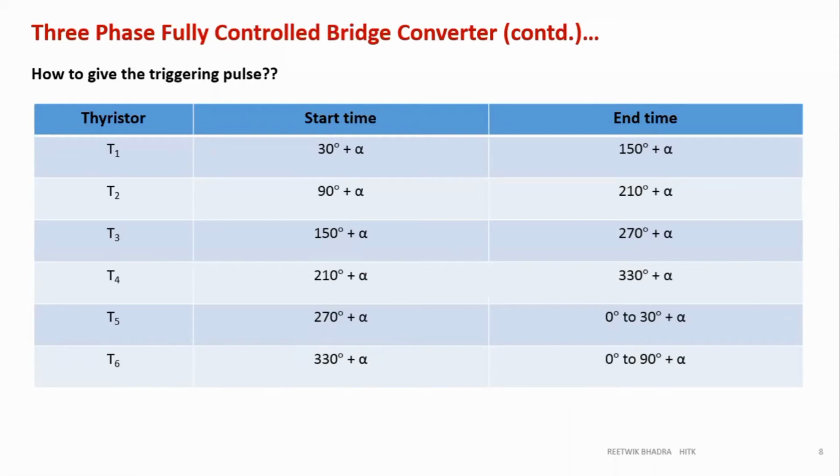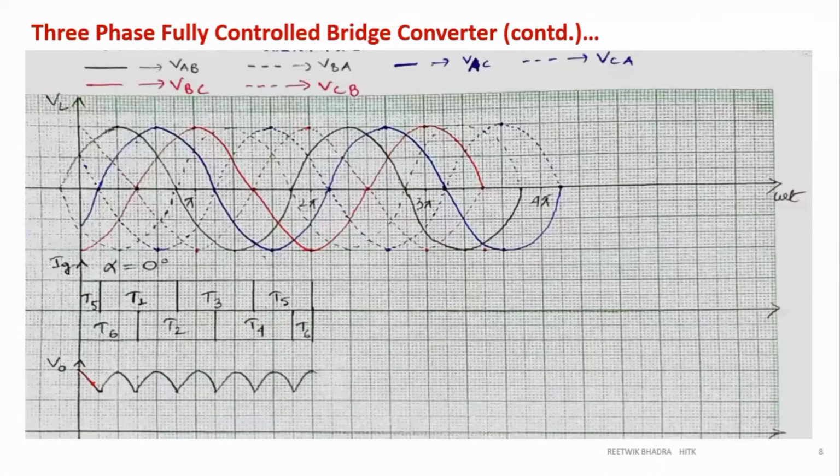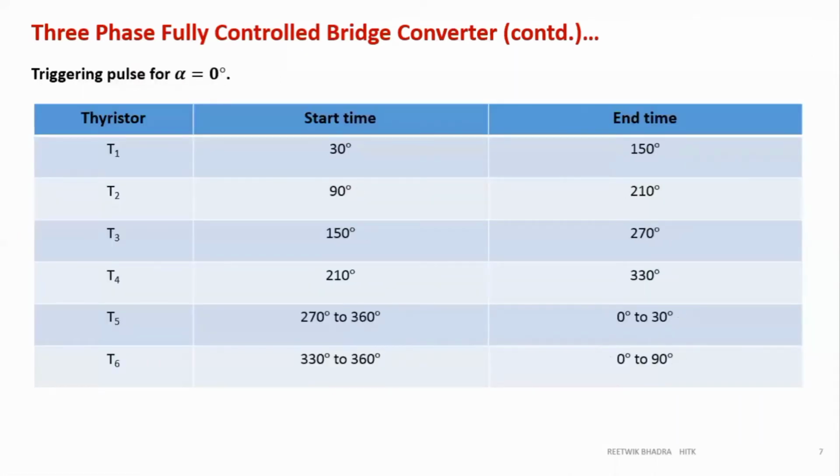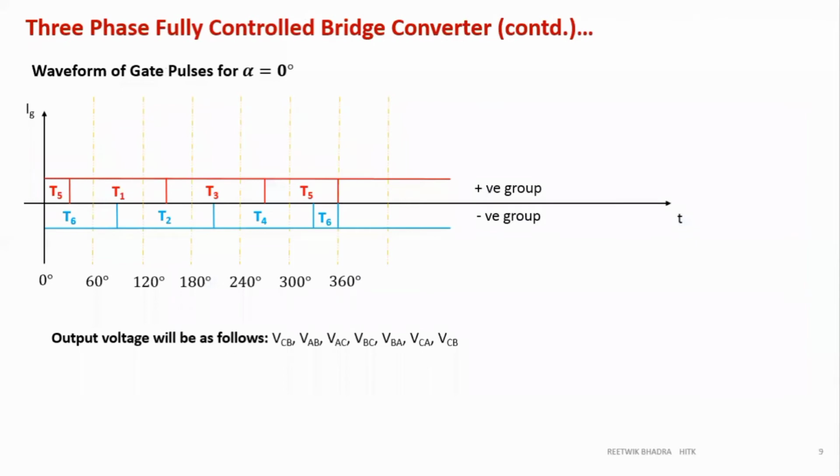Now how to draw your IG? I have shown it in another figure also, very clearly for you. So we'll take a reference line, and I know that 360 degrees will be divided into 6 equal groups, so each will be 60 degrees.